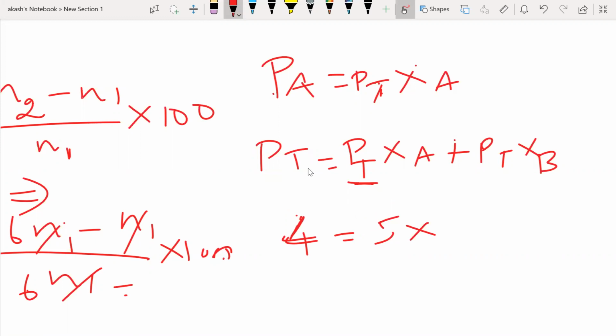And the mole fraction, they have given 1 gram of H2. So I just have to use the mole fraction of O2.